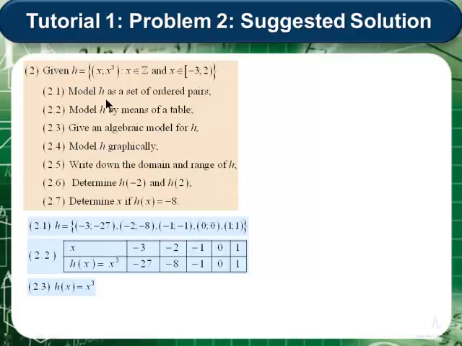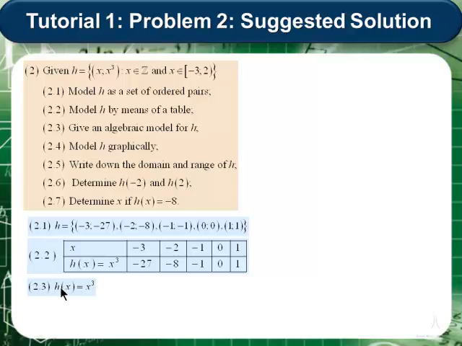In the third example we had to give an algebraic model. Now H, let's call it this, we know it's the relation H. By the way, you should be able to see that this is a function, because for every input there is exactly one output.